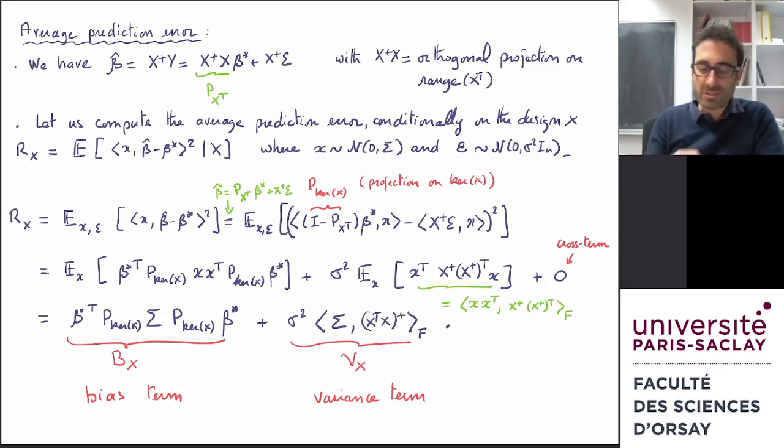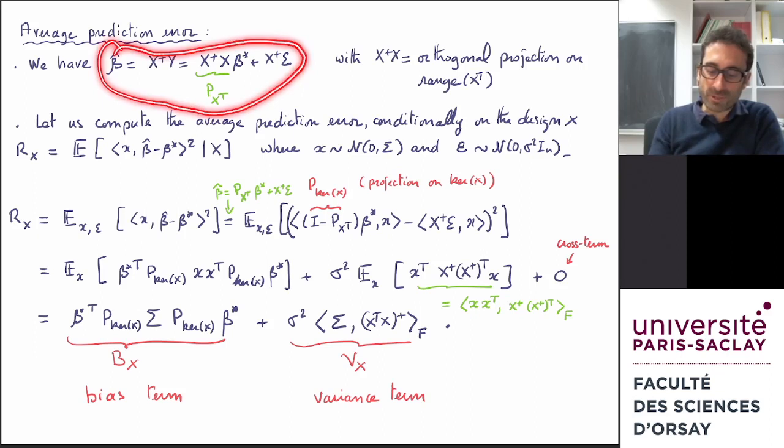Just because I think it is nicer to write it like this, here my expectation is only over x and epsilon, so I will denote this conditional expectation like this, where this means that I take expectation with respect to small x and with respect to epsilon. So let me use this decomposition here in this formula.